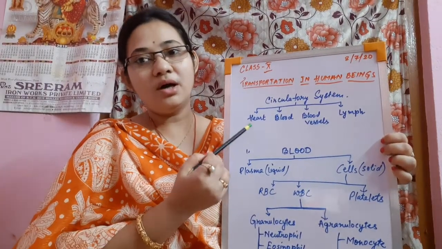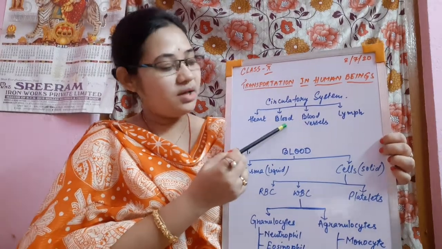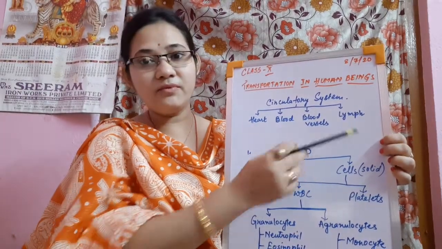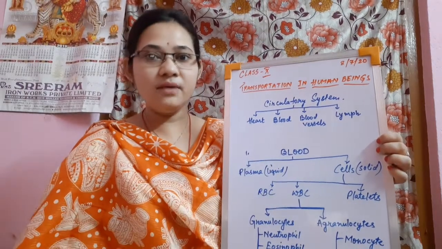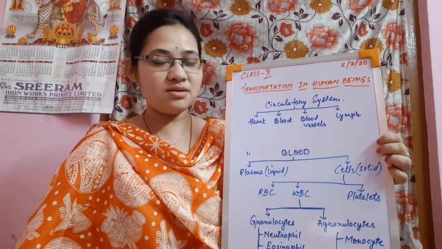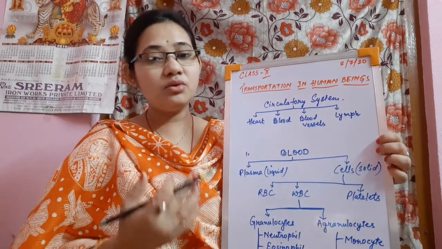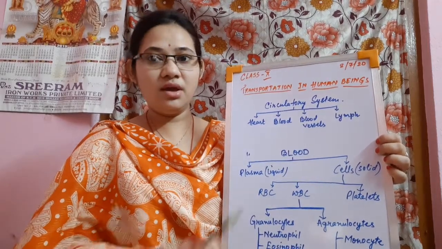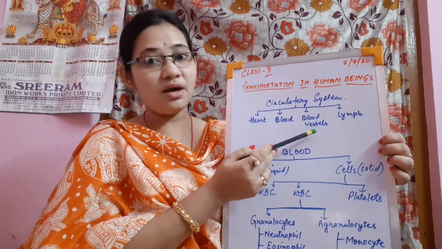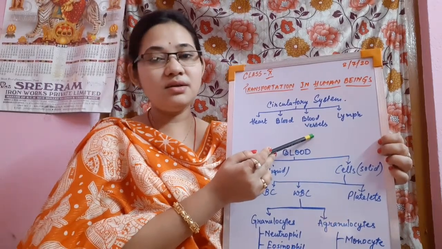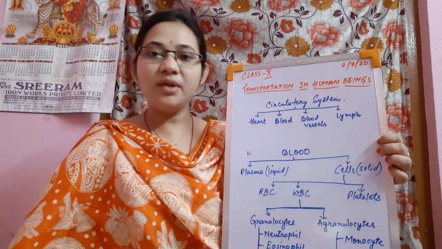Blood as well as lymph are fluid connective tissues, and blood vessels are the pipe-like structures, the conducting tissues through which blood flows. Blood vessels are of three different types: the arteries, the veins, and the blood capillaries.